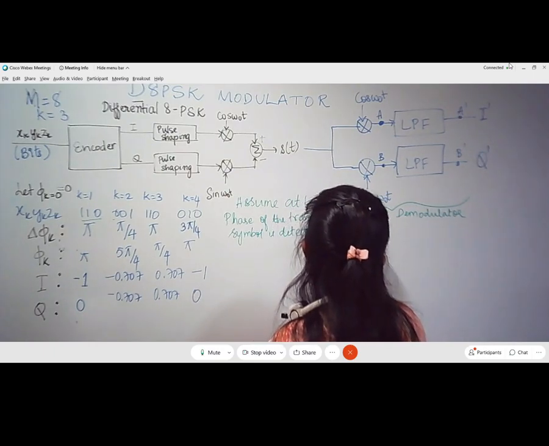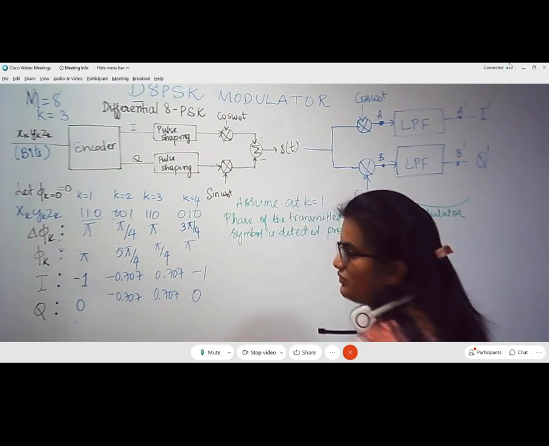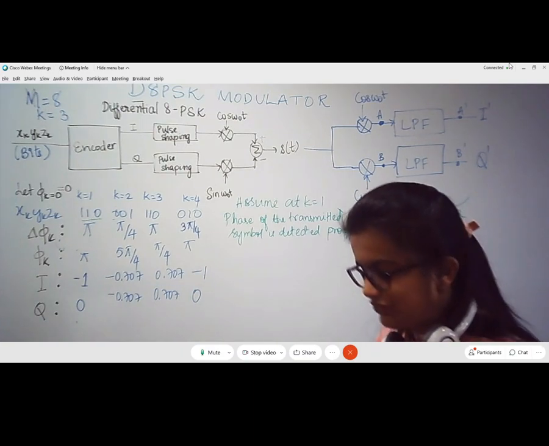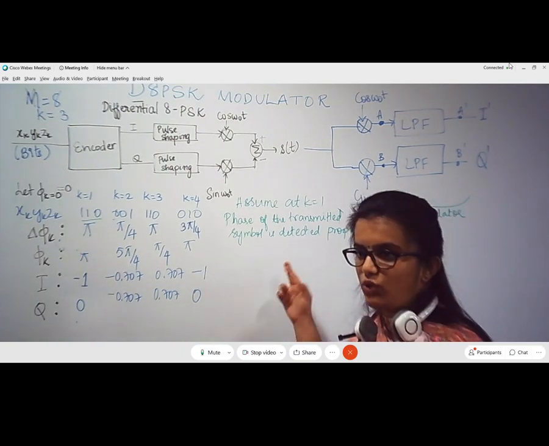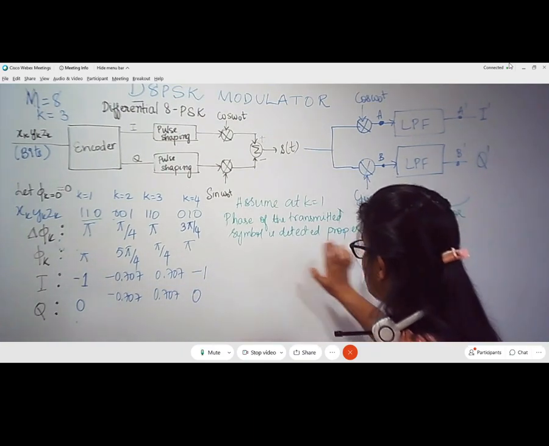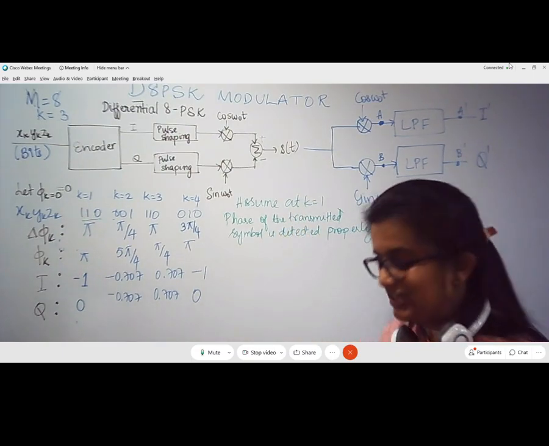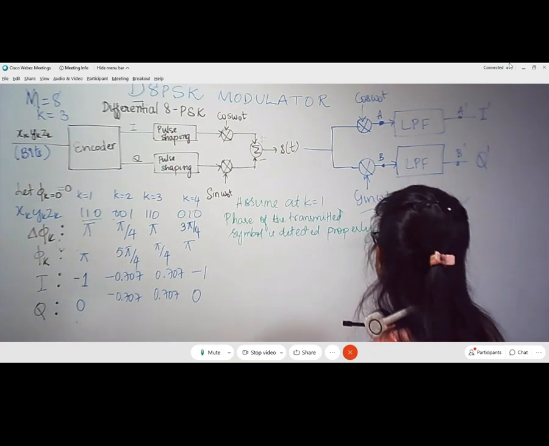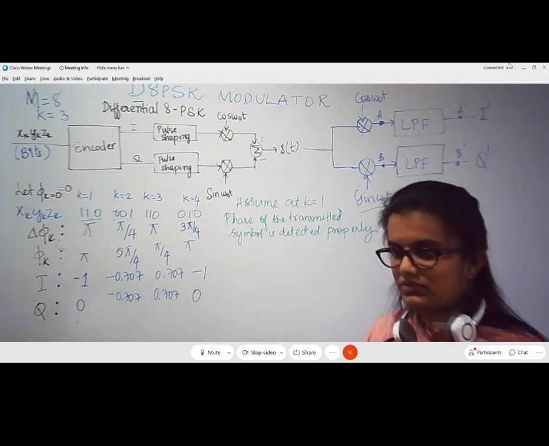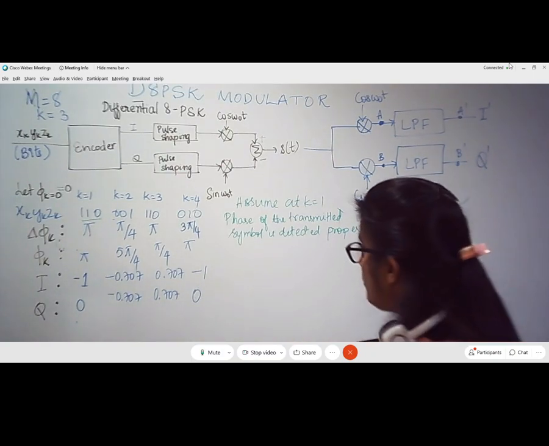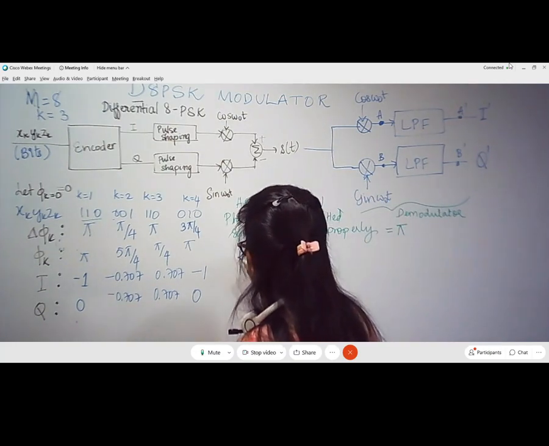That is our assumption for anything for that matter. If you take any time in between, if you want to show the detection process, you need to assume that the phase of the previously transmitted symbol is detected properly, and in this case it happens to be equal to pi, k is equal to 1. So now we will come to the k is equal to 2 case.